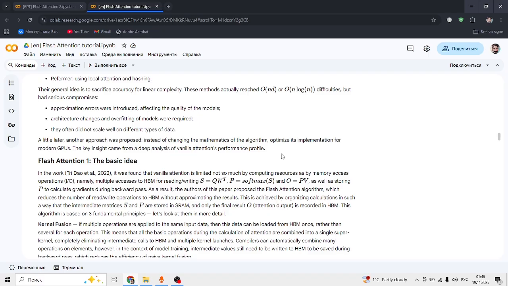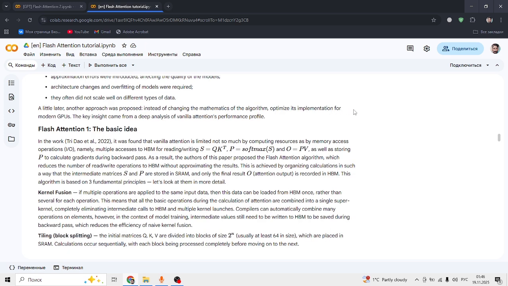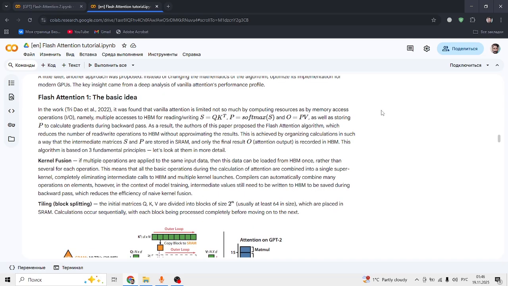because the key insight came from a deep analysis of vanilla attention's performance profile. So let's start with FlashAttention 1. In the work of Tri Dao, 2022, it was found that vanilla attention is limited not so much by computing resources as by memory access operations, namely multiple accesses to HBM slow memory. For simplicity, HBM is slow memory, SRAM is fast memory.